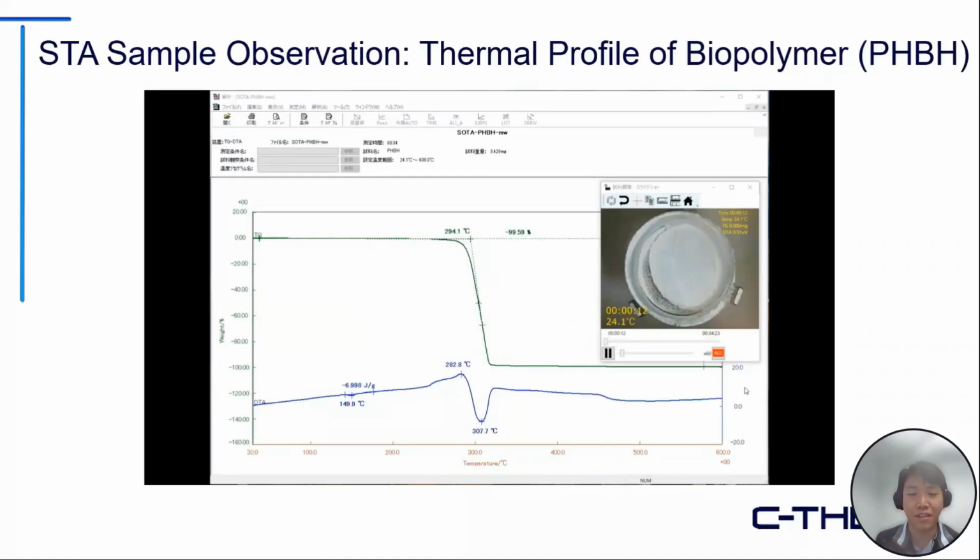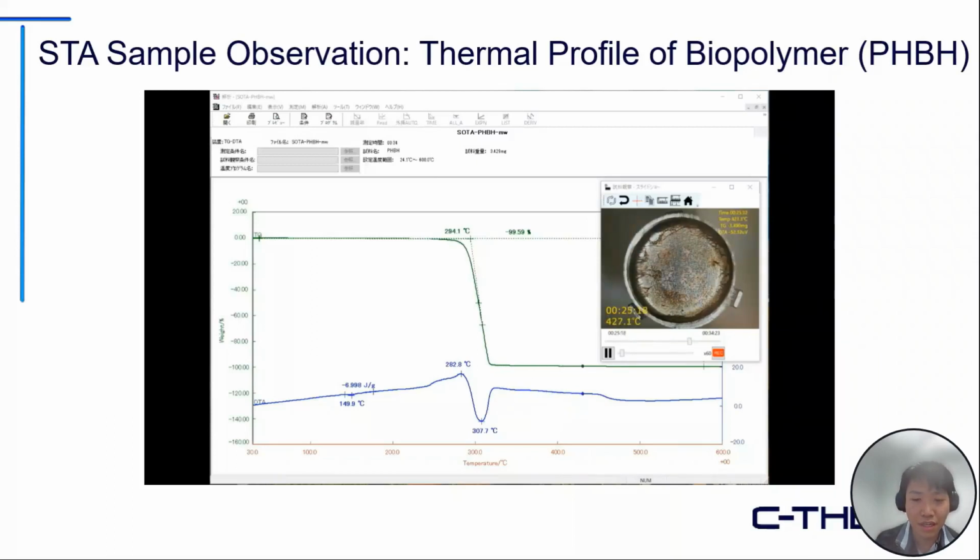Next up, we have an interesting application where a biopolymer, PHBH, is being measured over the range of 600 degrees Celsius. So here the sample actually undergoes melting, but this peak here is very subtle, as you can see, and it goes to a very rapid thermal decomposition here.